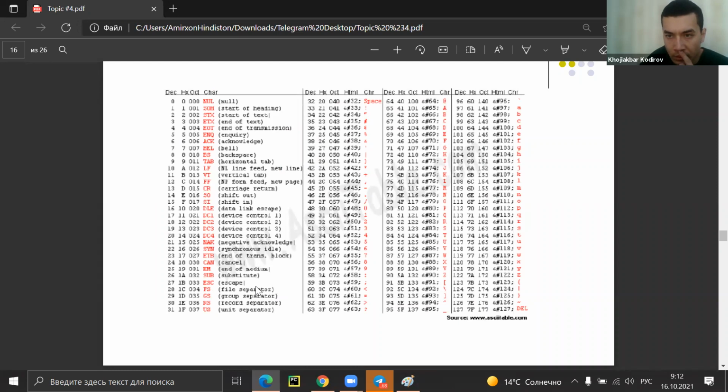For example, the representation of L in character will be the decimal 108. So we have an ASCII table where all the characters are represented with decimal, hexadecimal, octal, and HTML codes.